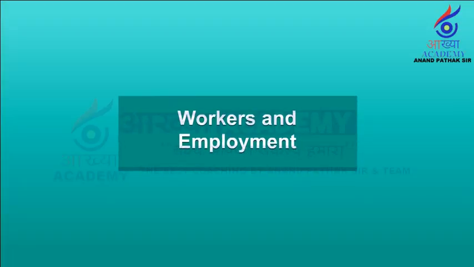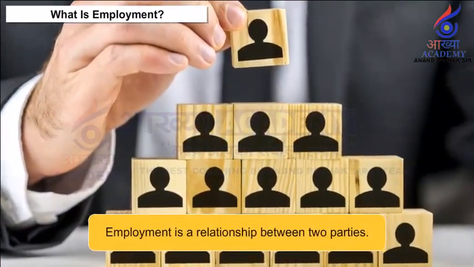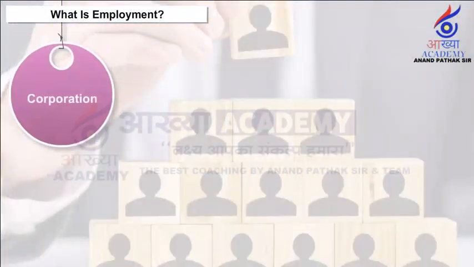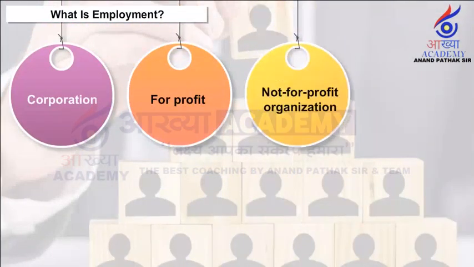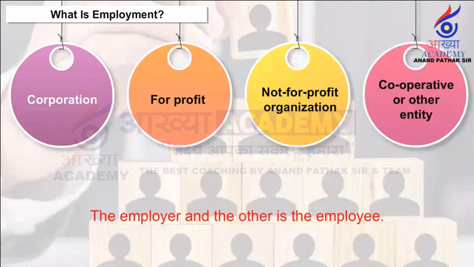Workers and employment. Employment is a relationship between two parties where one party, which may be a corporation, for-profit, not-for-profit organization, cooperative, or other entity, is the employer and the other is the employee.